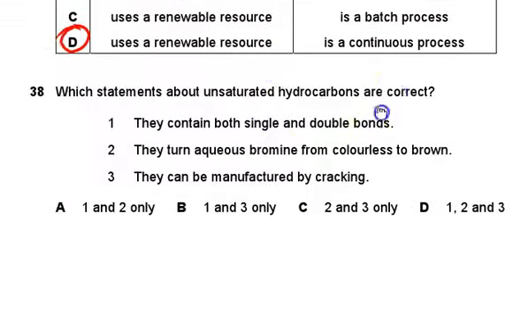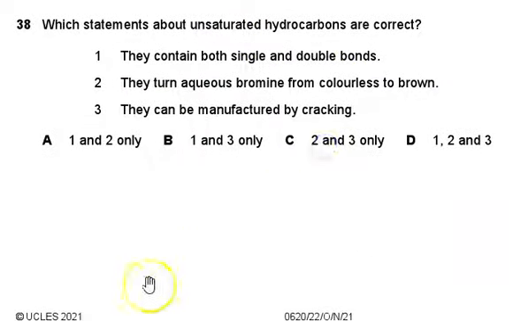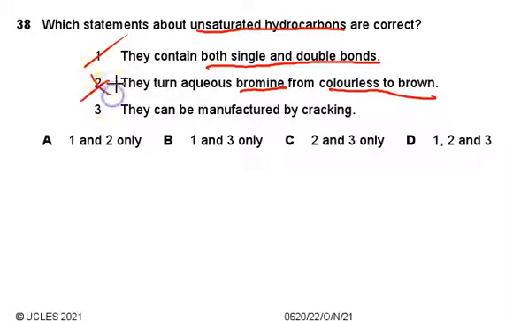Okay, number 38. Which statements about unsaturated hydrocarbons are correct? Unsaturated hydrocarbon means it is with a double bond. So they contain both single and double bonds. Yes, is correct. They turn bromine from colorless to brown. This is not correct.